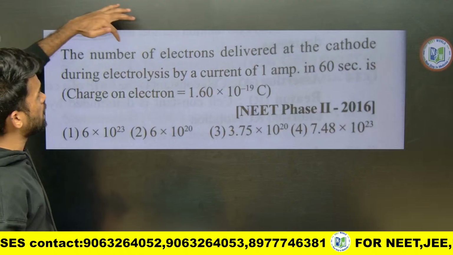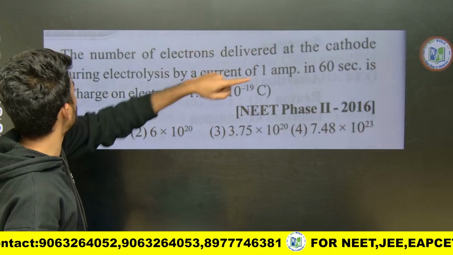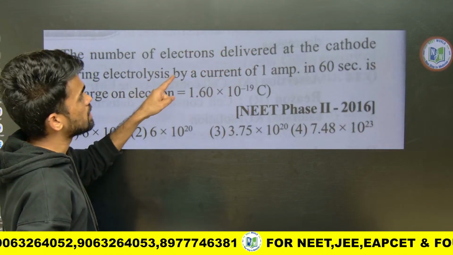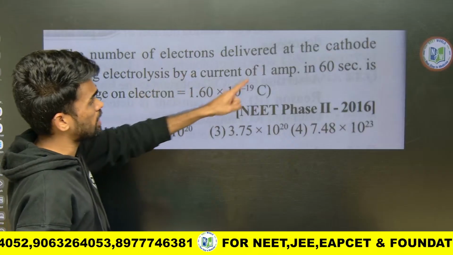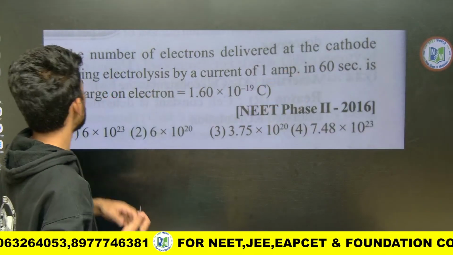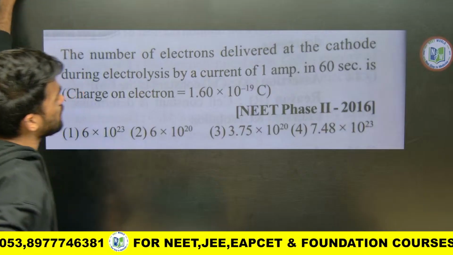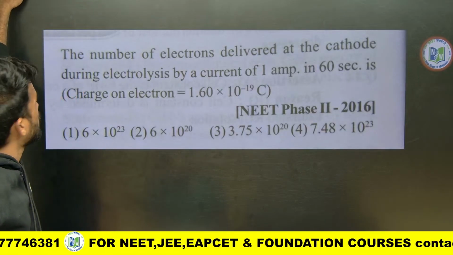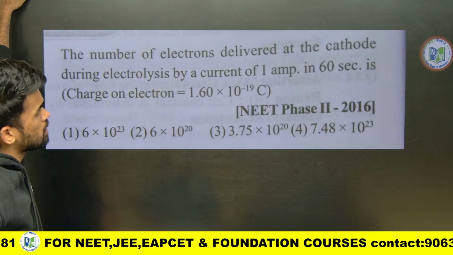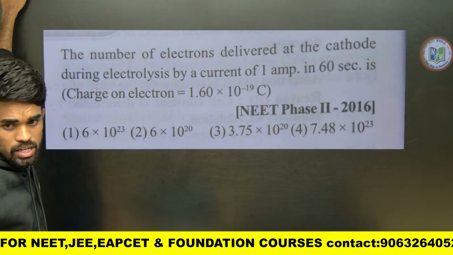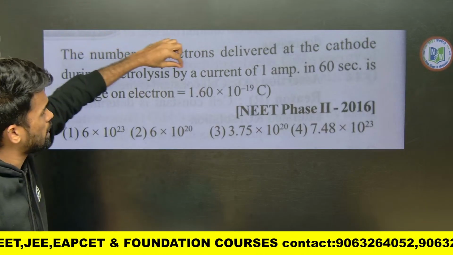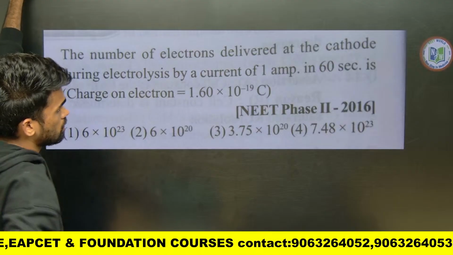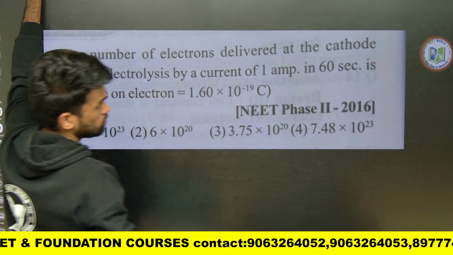The number of electrons delivered at cathode during electrolysis by a current of 1 ampere in 60 seconds is... So number of electrons delivered at cathode during the electrolysis. At the cathode, what happens? Reduction.